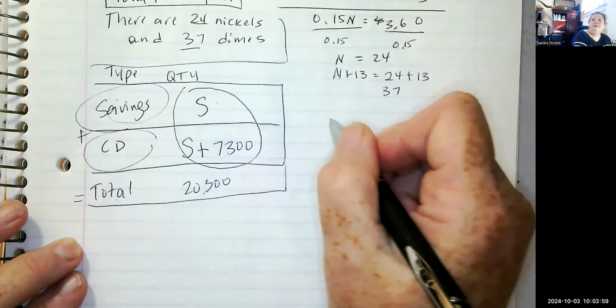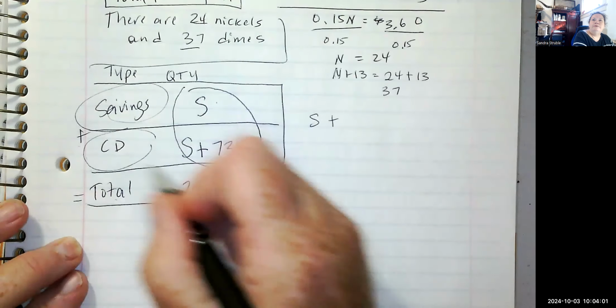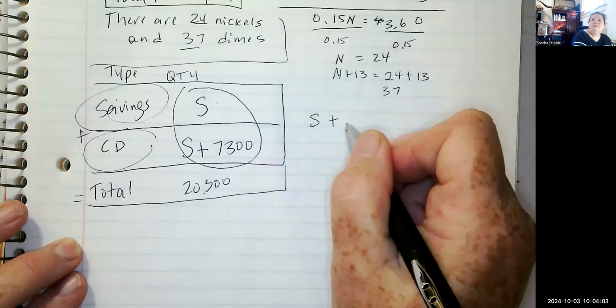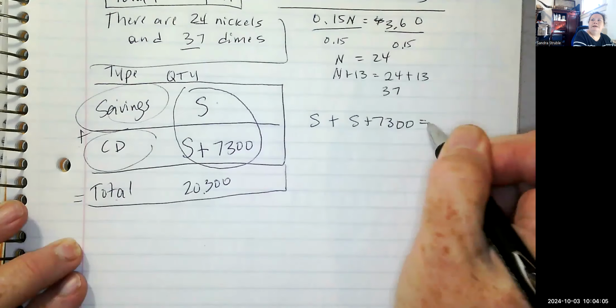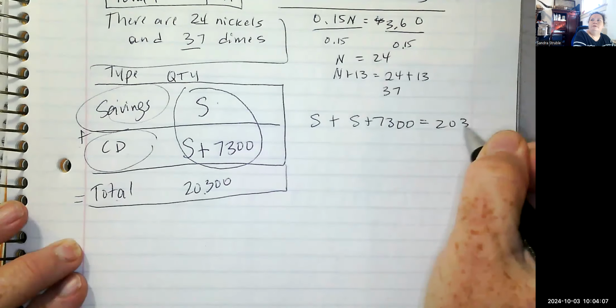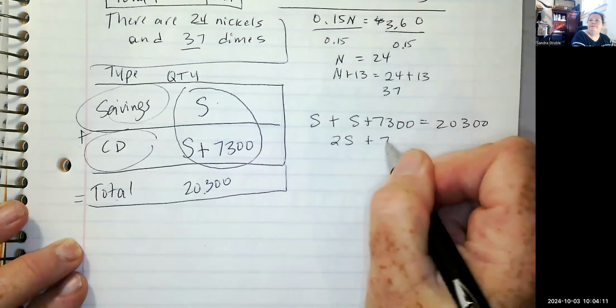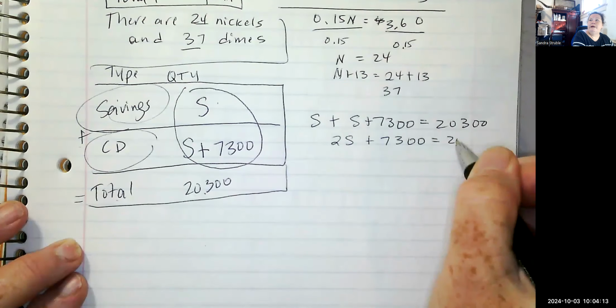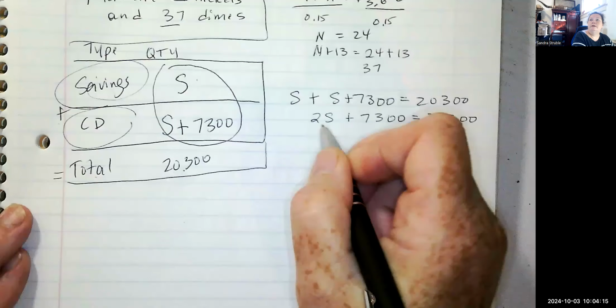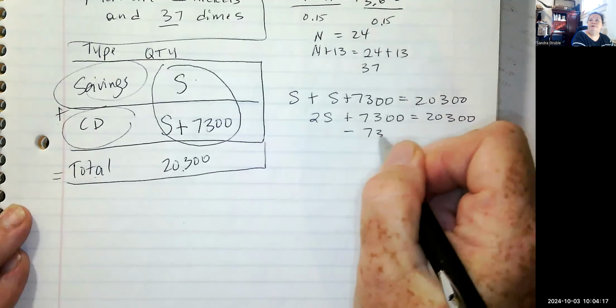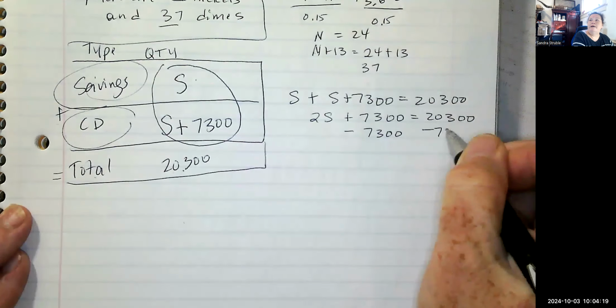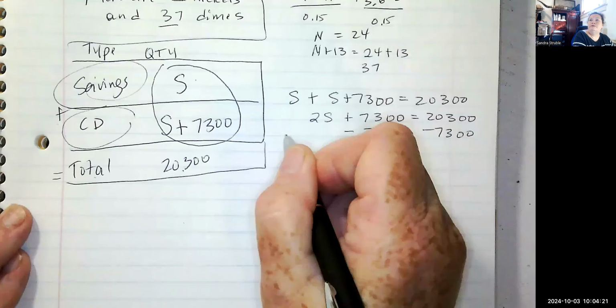So savings plus the CD amount is equal to the total amount. And then we just have to combine like terms, bringing everything else down, subtracting 7,300 to move it to the other side. We're solving for S, the savings amount.